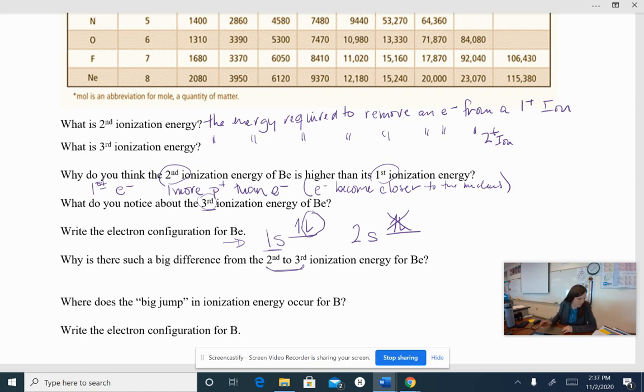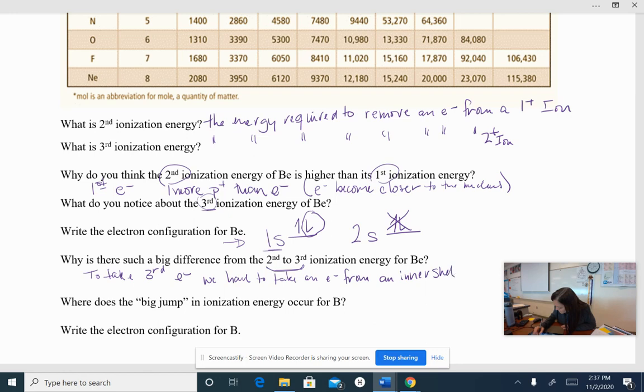Okay? To take the third electron, we have to take an electron from an inner shell. Essentially, if I have 1s2, don't I have the noble gas configuration of helium?